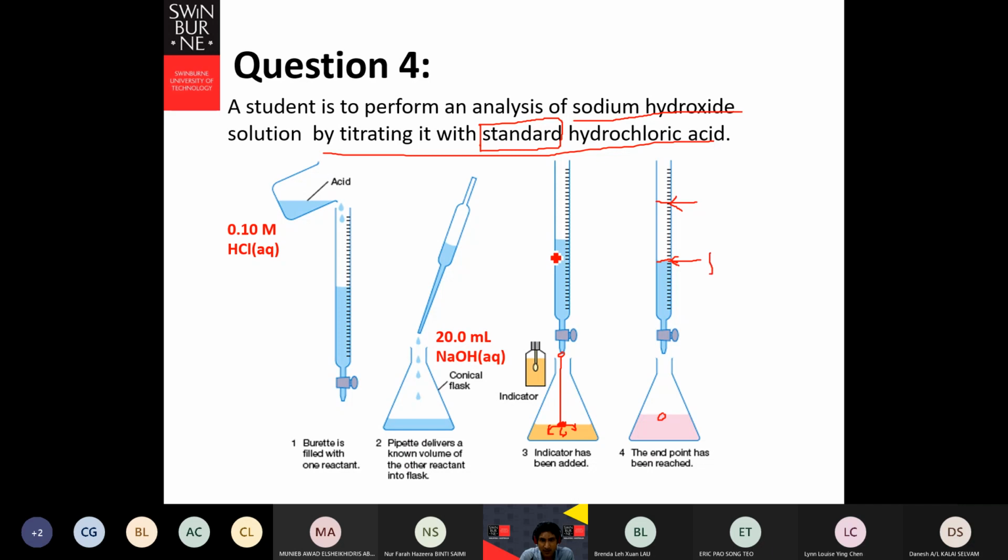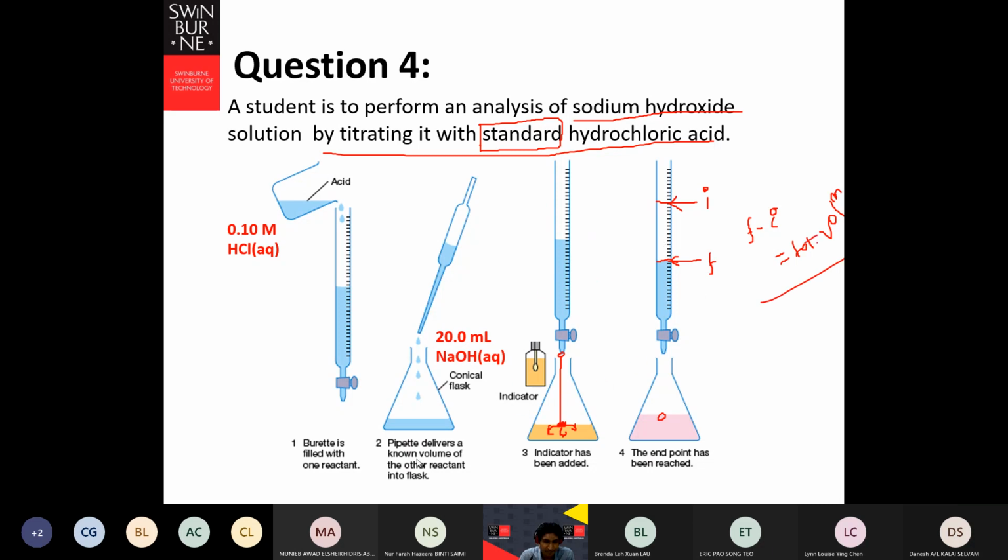This is the final one, F, and this is the initial one, I. If we deduct the initial from the final, we will find the total volume required for the solution.